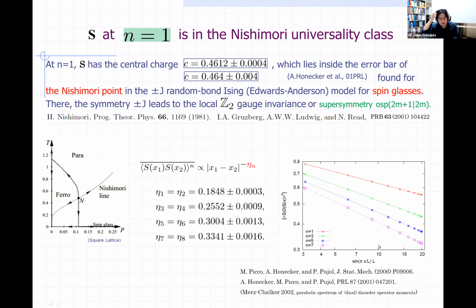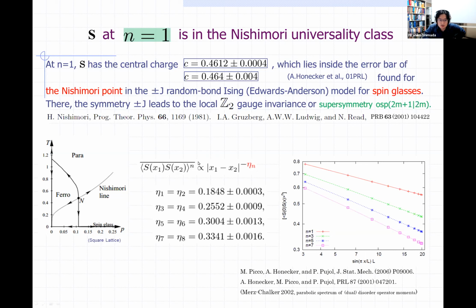Okay, so this is some of the fine structure of this critical point. This is a paper by Picco and Maka and so on. This is again the transfer matrix computations for the nth moment of the two-point spin function, and each defines a critical exponent.